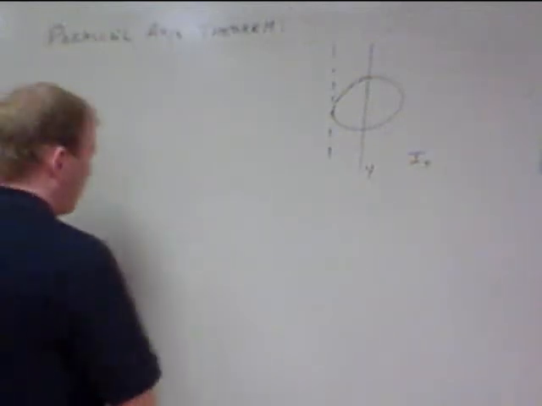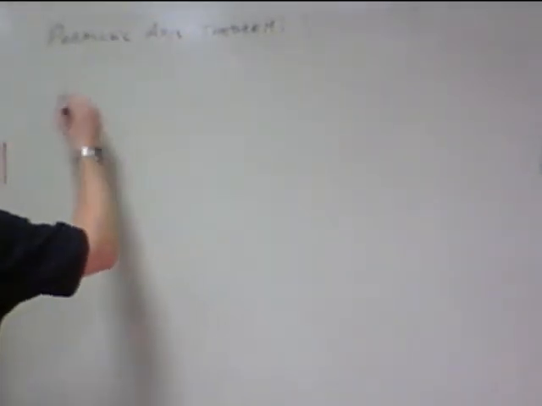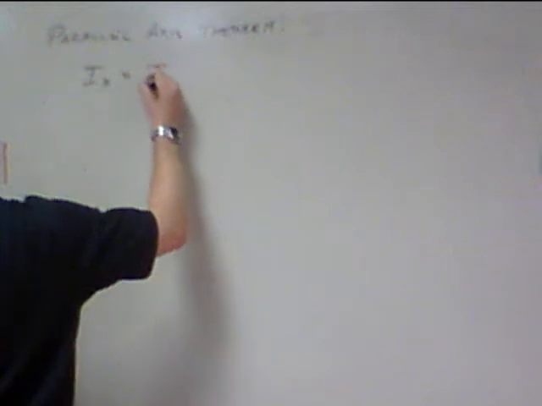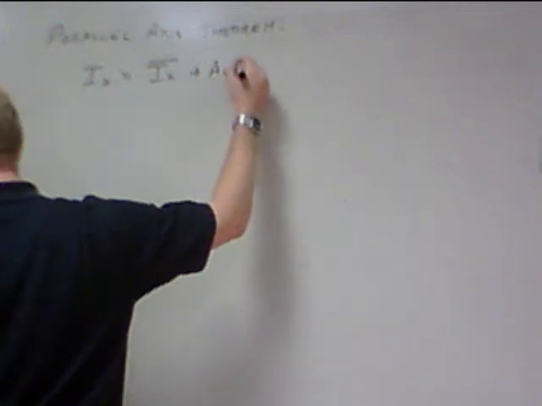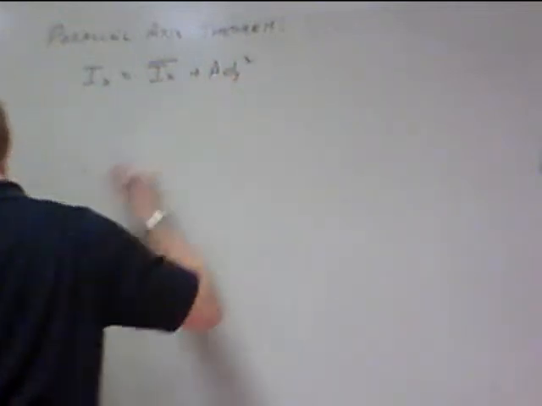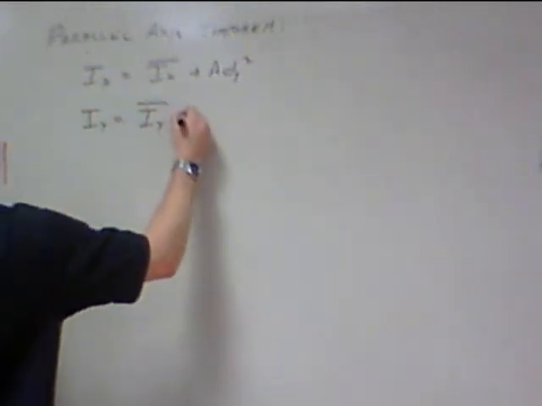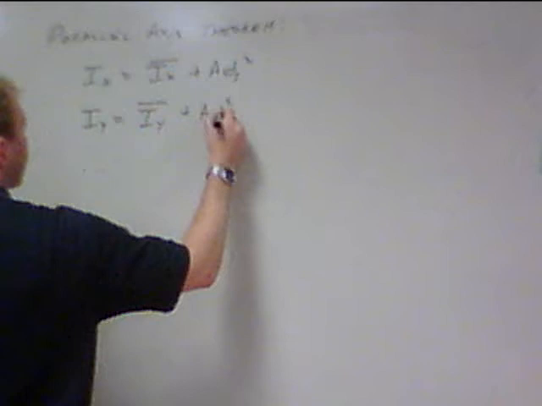Well, the parallel axis theorem gives us an adjustment term to compensate for the fact that we're not taking moment of inertia about the center. So this is Ix equals... I'll explain what these are in a moment. These are subscripts, not differentials.